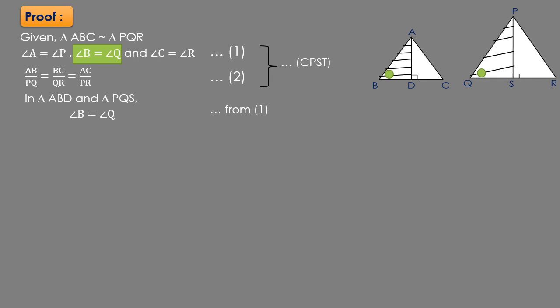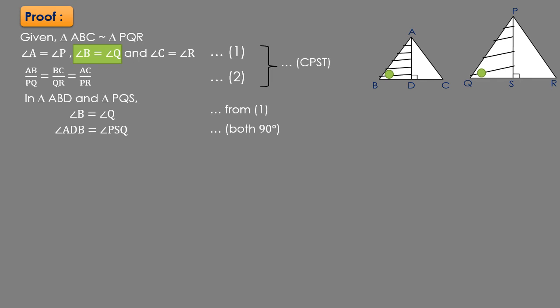Now also we can see that angle ADB and angle PSQ are equal because both of them are 90 degrees. So we can write angle ADB is equal to angle PSQ because both these are right angles. So we can say both are 90 degrees, so they are equal.